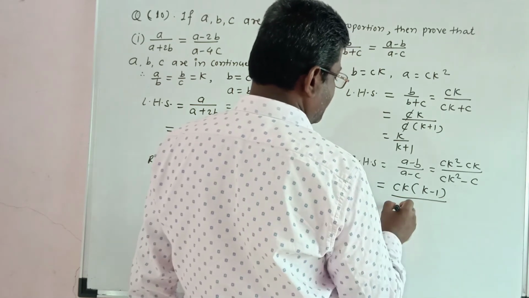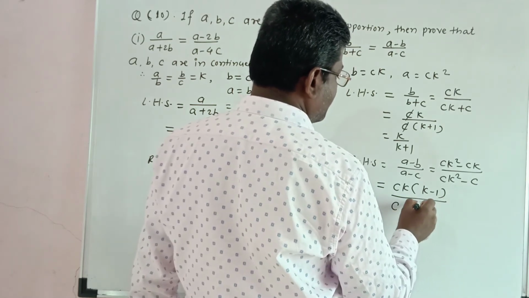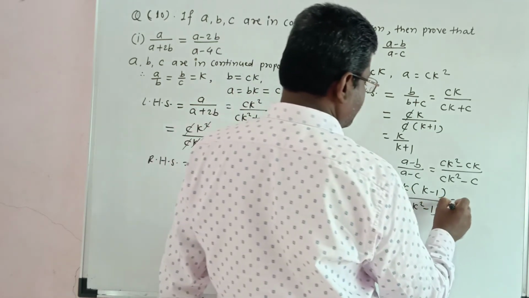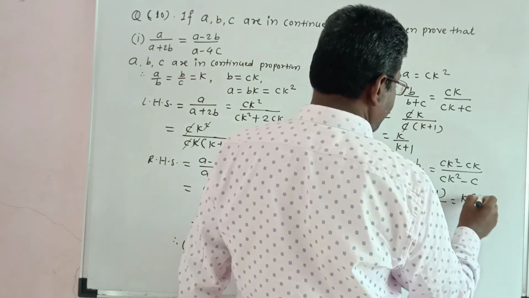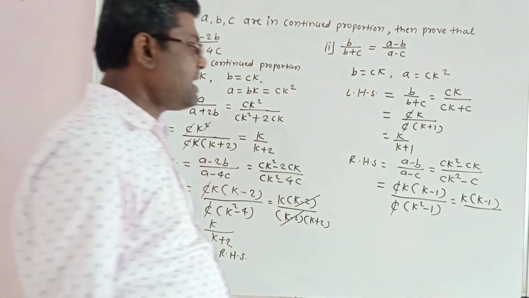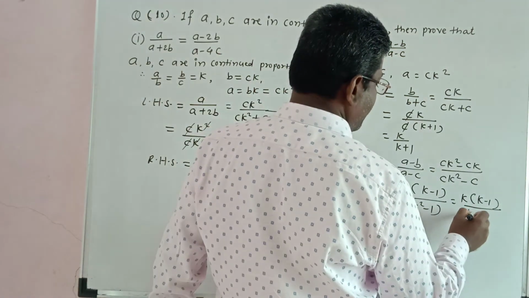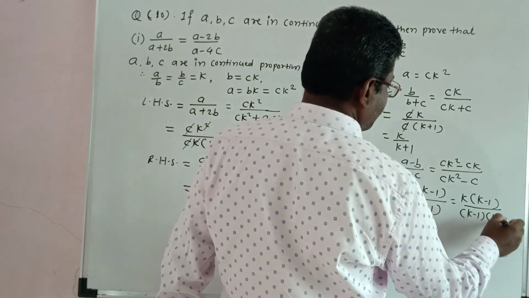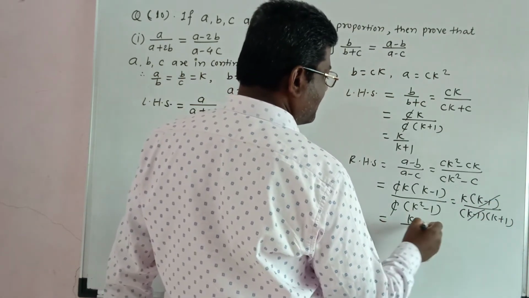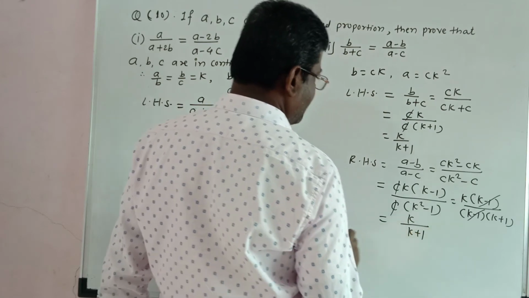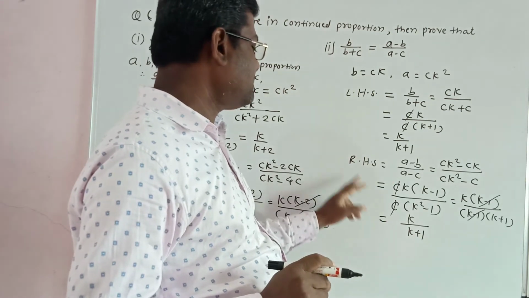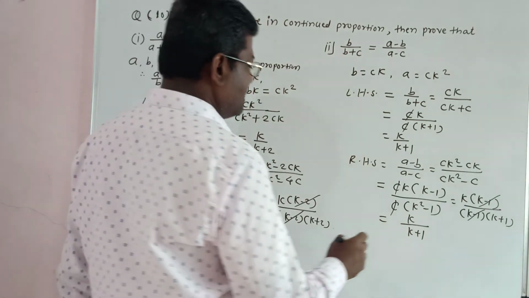In the denominator C is common, therefore in bracket (k² − 1), C will get cancelled. So it is k(k − 1) upon k² − 1, which has two factors, (k − 1)(k + 1). k − 1 will get cancelled, what will remain is k/(k + 1). So LHS is k/(k + 1) and RHS is k/(k + 1).